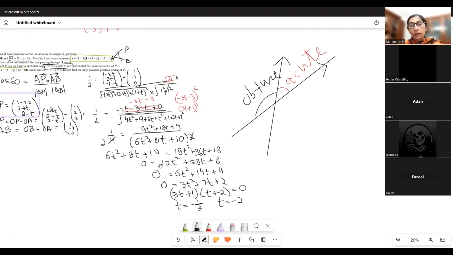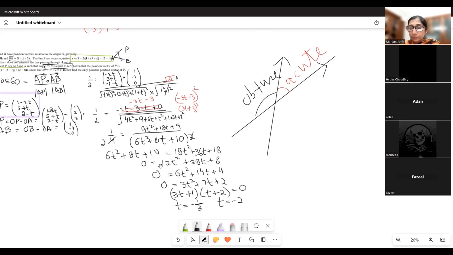You could give the acute angle or the obtuse angle, but the question usually tells you the preference. So in this case, you're getting two values of t. One of the t is going to give you an acute answer, and the other t is going to give you an obtuse answer. So you have to choose that t which gives you an acute answer because the working was for 60 degrees, which is acute.